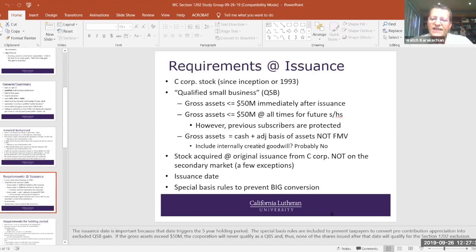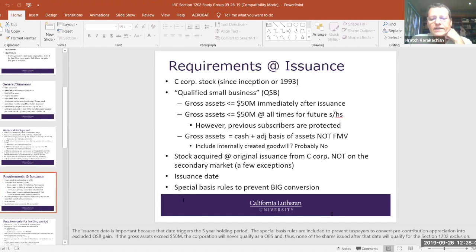So in your example, you're saying, what if I contribute some shares of stock of another enterprise or some LLC interests? Correct. For purposes of this test, you would look at the cost basis of that asset in your hands.